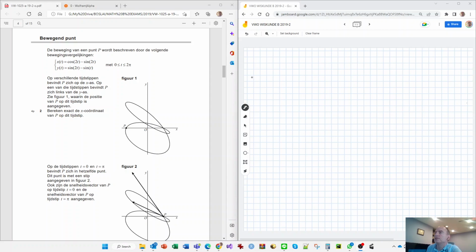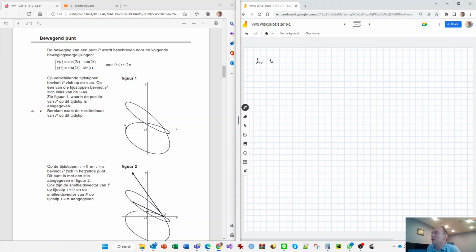Question 2. We have a moving point P described by these equations, and we have point P on the x-axis, and it can be in 3 positions, 4 positions, 3 positions. But one of these is to the left of the y-axis, and calculate exactly what its x-coordinate is.